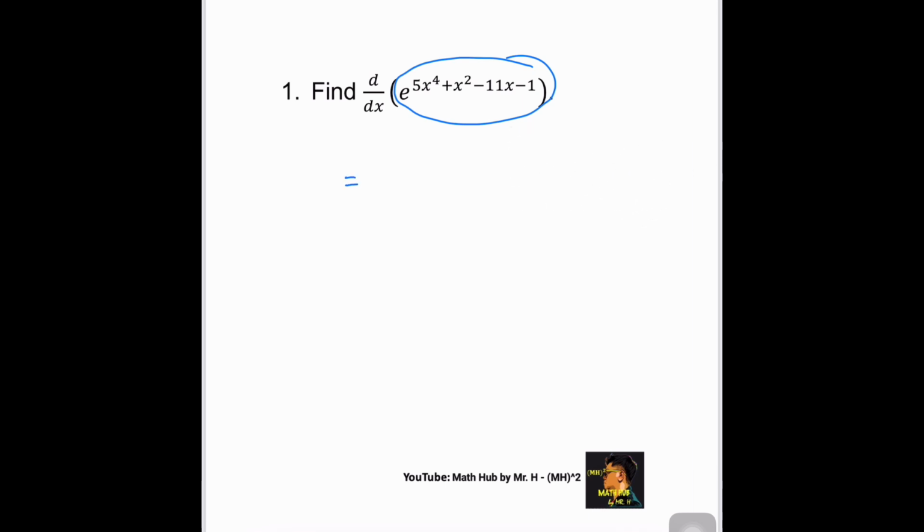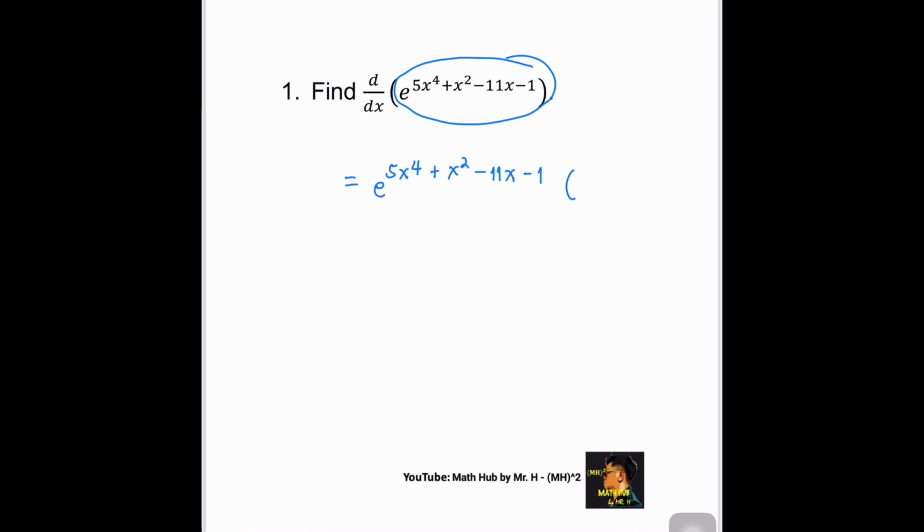So the first step is we take the whole function, e to the power of 5x to the power of 4 plus x squared minus 11x minus 1, multiplied by the derivative of the exponent, or the u.